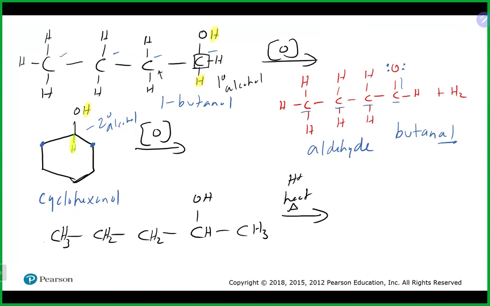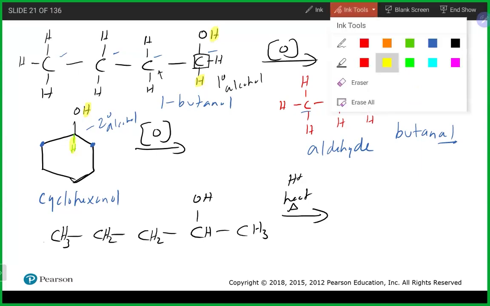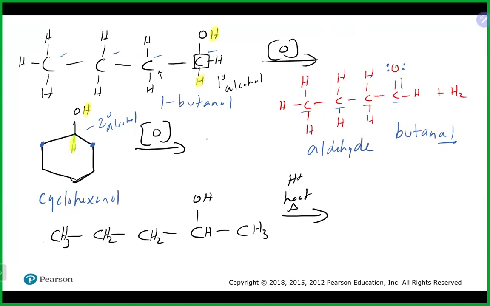Clearly, nothing's going to change here. It's still going to stay a ring. Once again, it's not going to open up or do anything funky like that. I still have my O, and between my O and my carbon that's here, I need to put a double bond, right? So we'll have something like that going on. That again takes us from a secondary alcohol to a ketone.